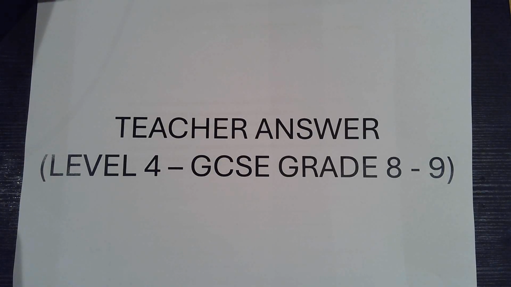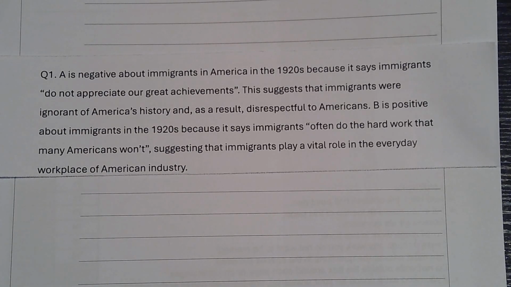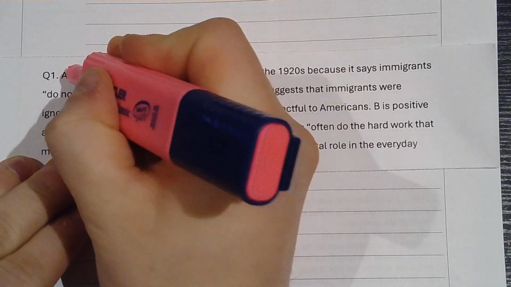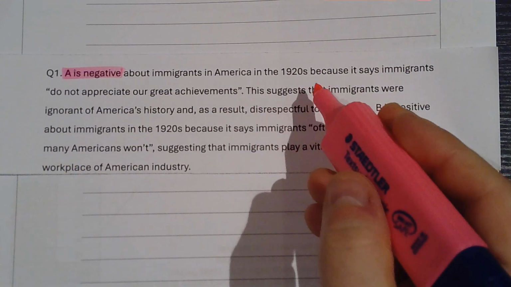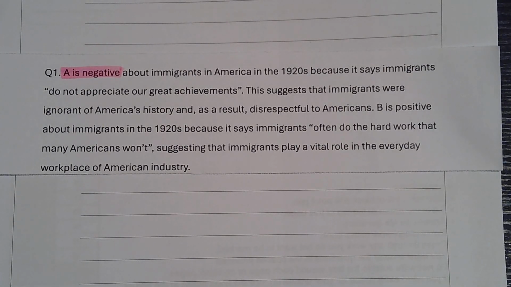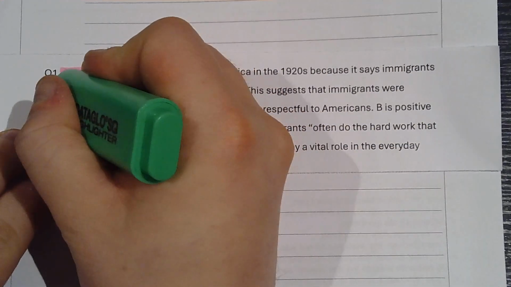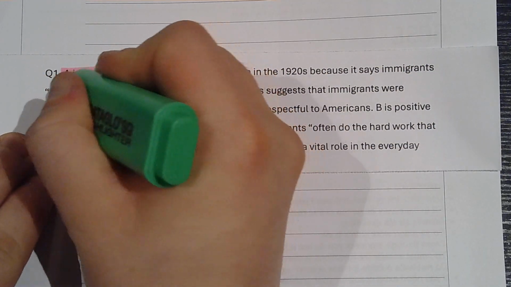And now this is how you elevate your answer to get full marks. So this is going to be a 4 out of 4 model answer. If you want to get your grade 8s and 9s, which we should be aiming for, you are going to need to be able to get 4 out of 4 on this question. So in my answer, I've identified that A is negative about immigrants in the 1920s, because it says immigrants do not appreciate our great achievements.